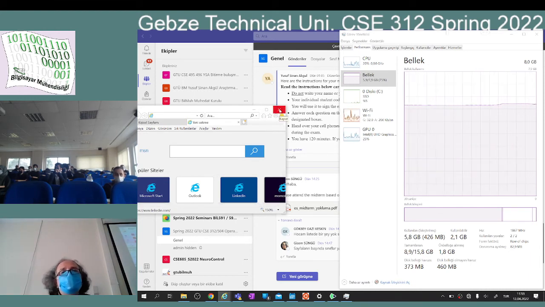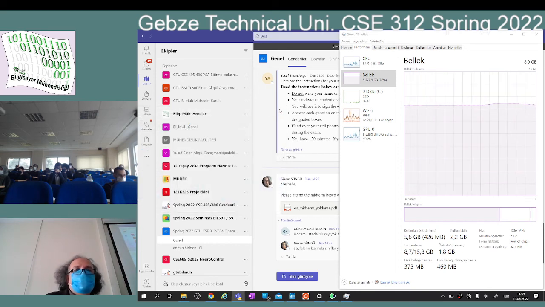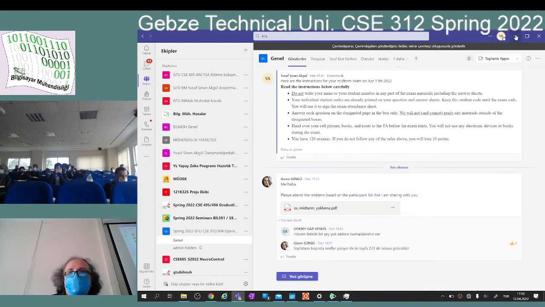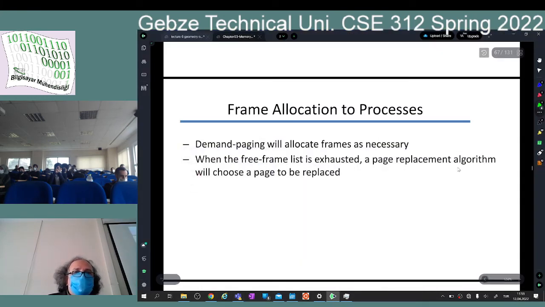So the thing is that it makes some part of the memory available all the time. And doing that is not easy. How do I do that? It just scans the occupied pages, and by looking at whatever the page replacement algorithm is, it writes some of the pages back to the disk if they are not used, so my free list is always available.